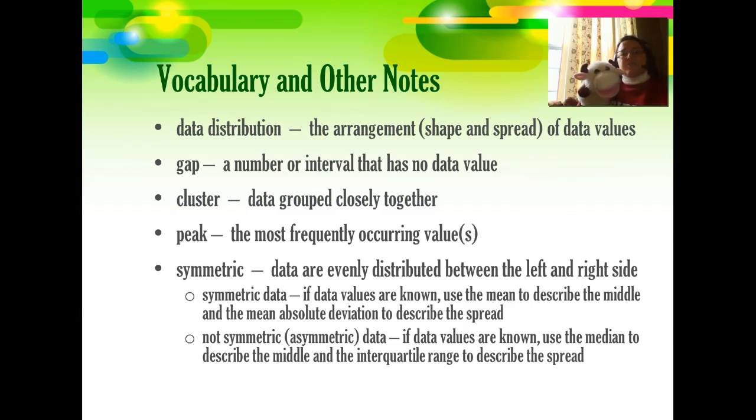Basically, it's the average distance the numbers are from the mean of the data set. If a data set is not symmetric, or asymmetric, and all the data values are known, we will use the median to describe the middle and the interquartile range to describe the spread.